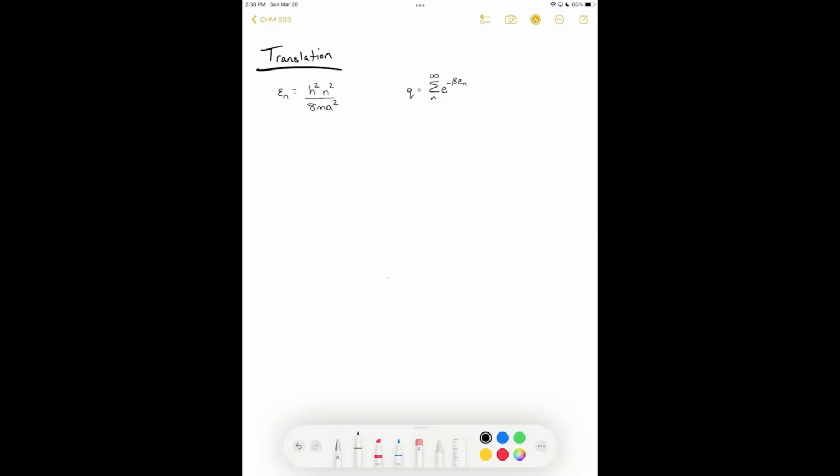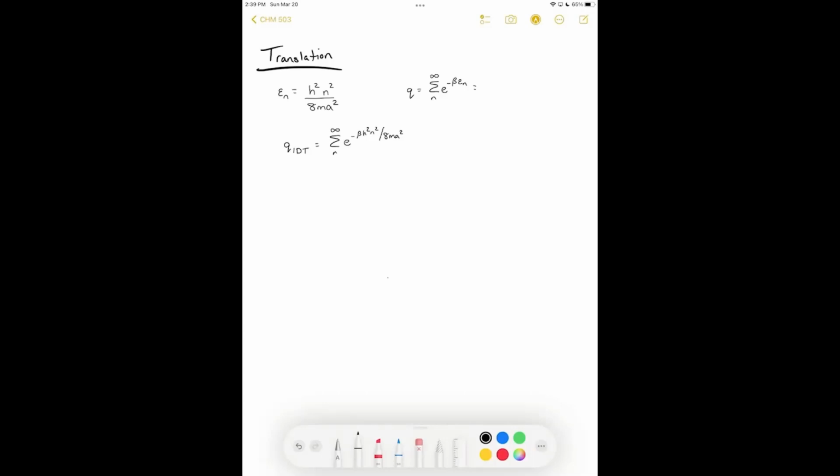And we can plug in our value here for what epsilon n is to find that our partition function for one-dimensional translation is equal to the sum over n of e to the minus beta, where remember beta is simply 1 over kT, times h squared n squared over 8ma squared.